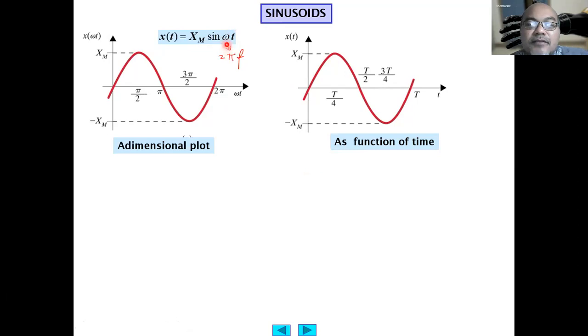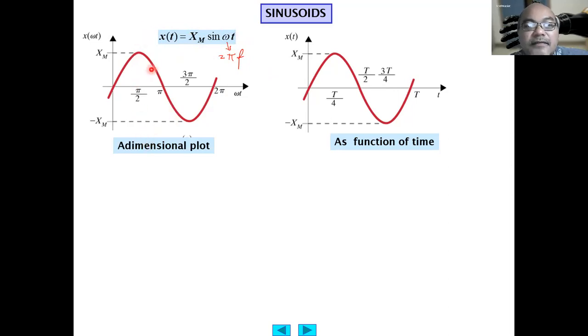Oh, sorry, frequency is not dimensionless, it has the dimension of 1 over t, 1 over second. So if it is multiplied by t, then omega t becomes a dimensionless parameter. And then the x(t) dimension will be equal to the Xm dimension.